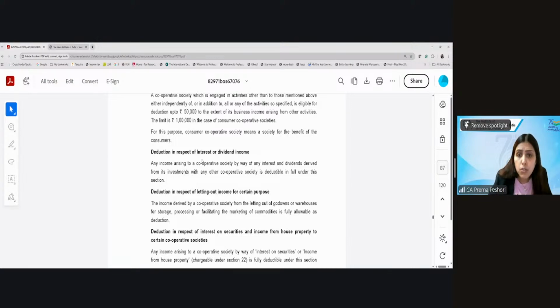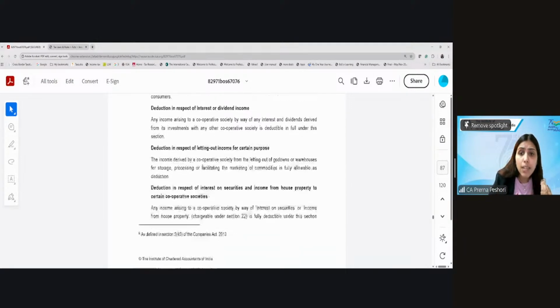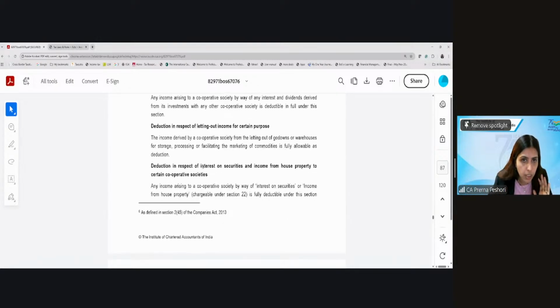Then a cooperative society earning income from the letting of godowns or warehouses for the storage of commodities, again that income is eligible for deduction under 80P.